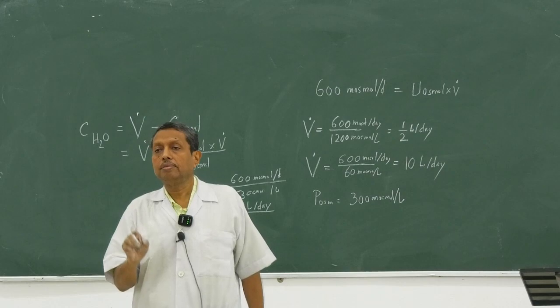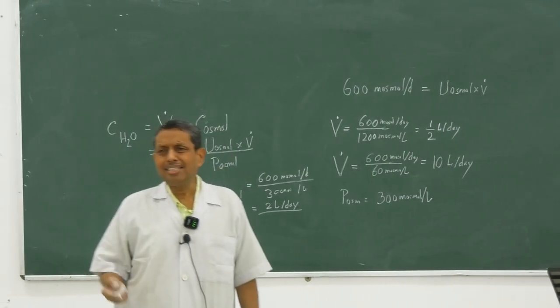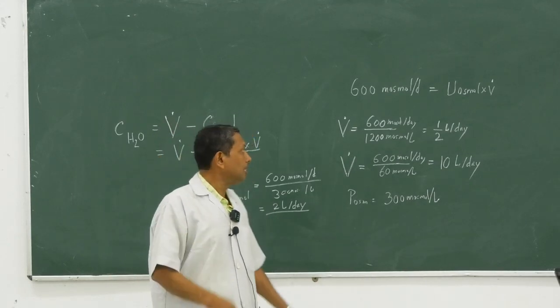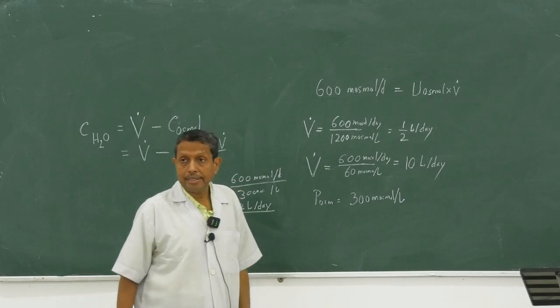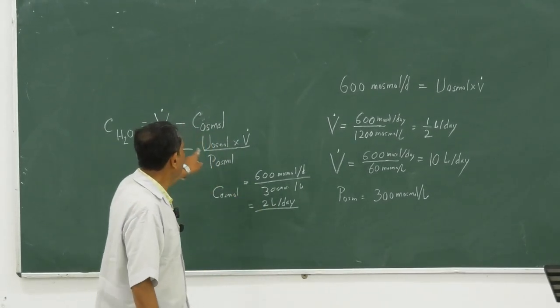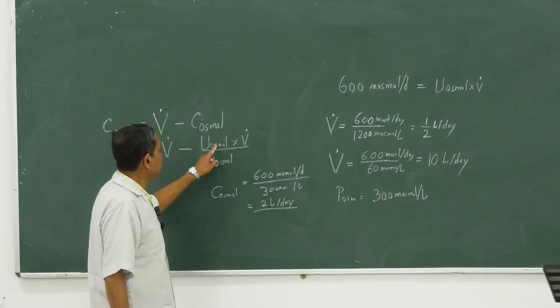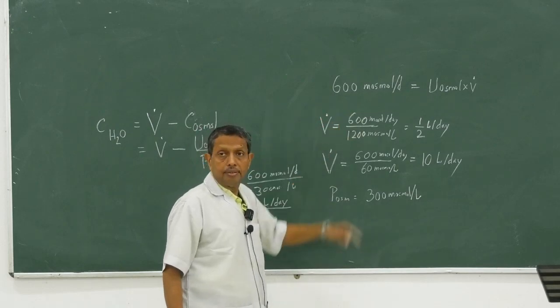Suppose an individual whose metabolic rate is such that electrolytes and waste substances amount to 600 milliosmol per day, and it is to be eliminated. You can take urinary osmolarity into V is equal to 600.